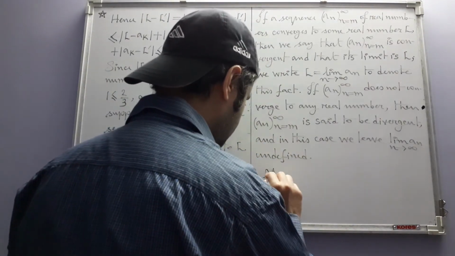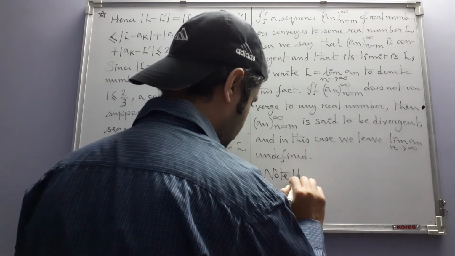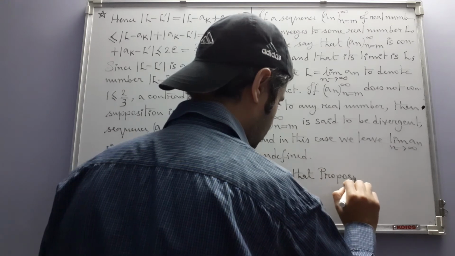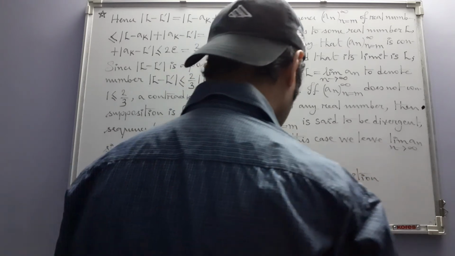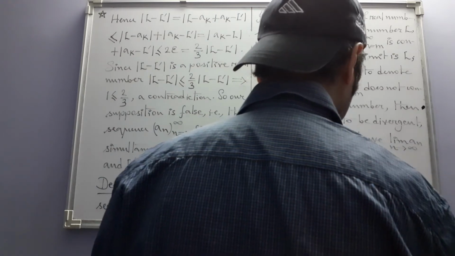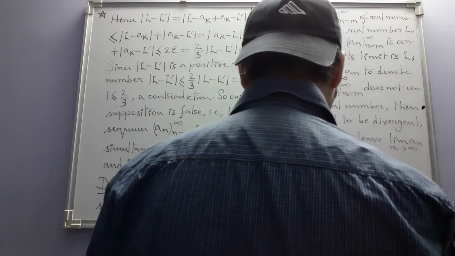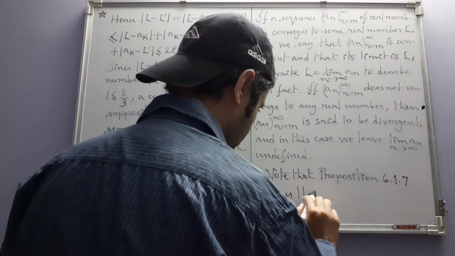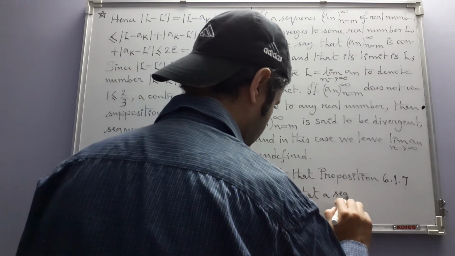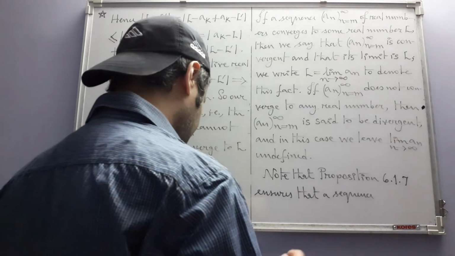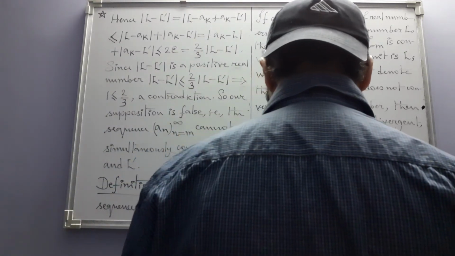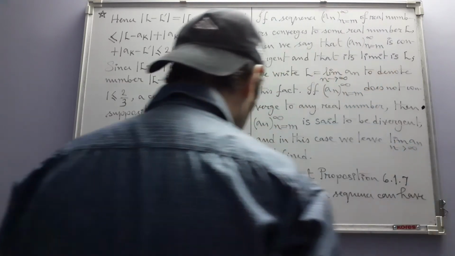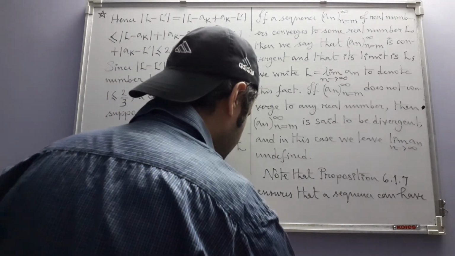Note that proposition 6.1.7, that is uniqueness of limits, ensures that a sequence, meaning a sequence of real numbers, can have at most one limit.